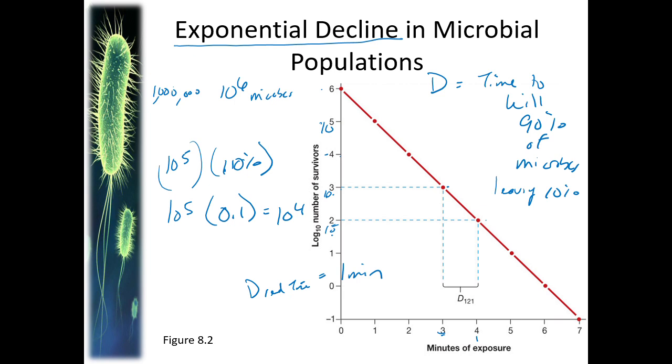D equals the time to kill 90% of the microbes, leaving 10% still alive. But it's iterative. So if you start off, then you take 90% of that 10%, and you get down to 1. You just keep going. Okay.